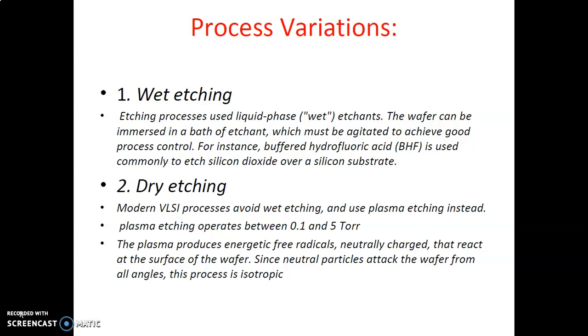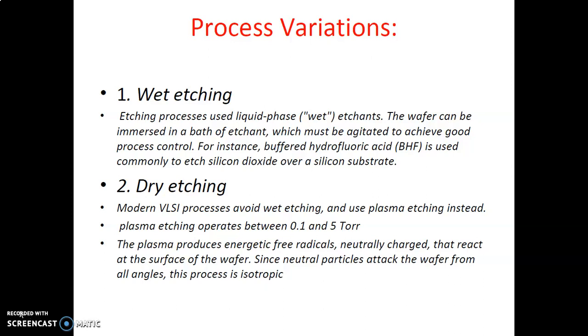In the modern electronics industry, people use dry etching instead of wet etching, because dry etching has many advantages compared with wet etching. We will discuss that in the next part.